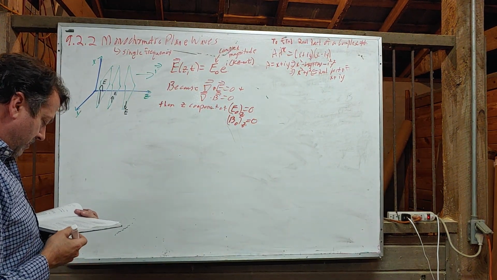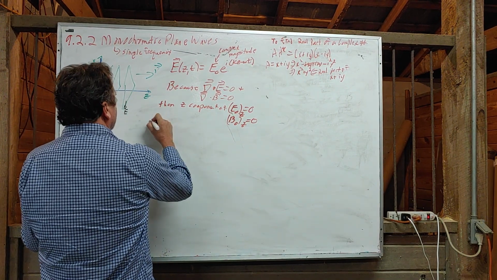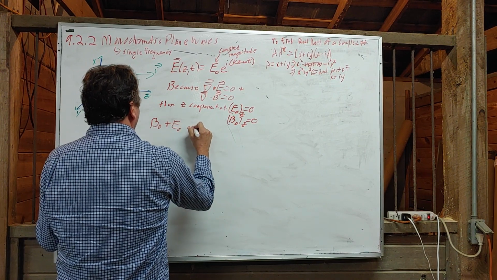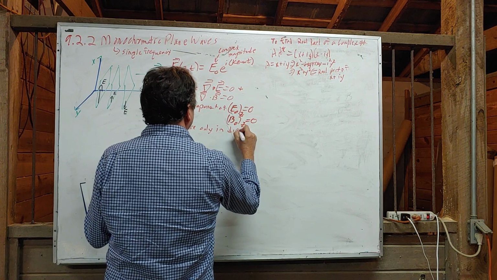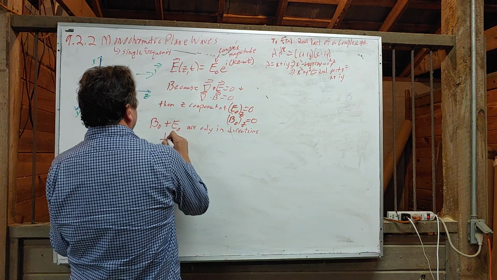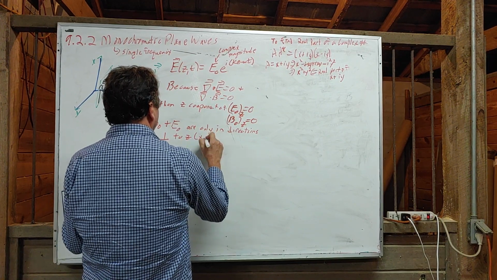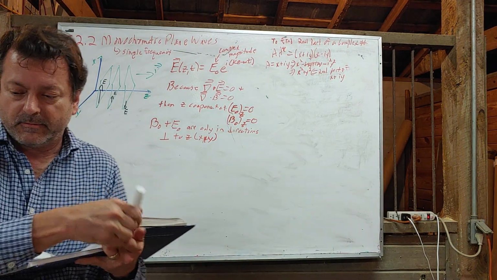So in reality, what you've got is that B naught and E naught are only in directions perpendicular to z, and that would be x and y. Be x and y.